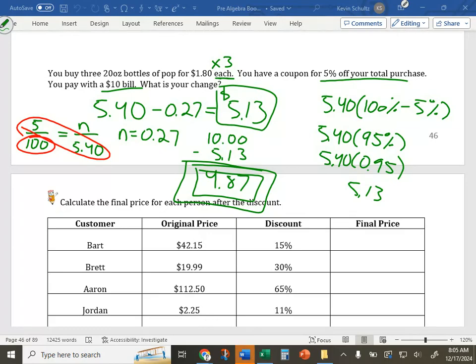Okay. So both methods work great. This one is a little bit more mental, and if you can subtract 5 from 100 on your own, you can just multiply 5.40 times 0.95. You don't have to write out all these other steps. This one, you do kind of got to set up the proportion because of the cross products, to be able to see it. But there you have it.